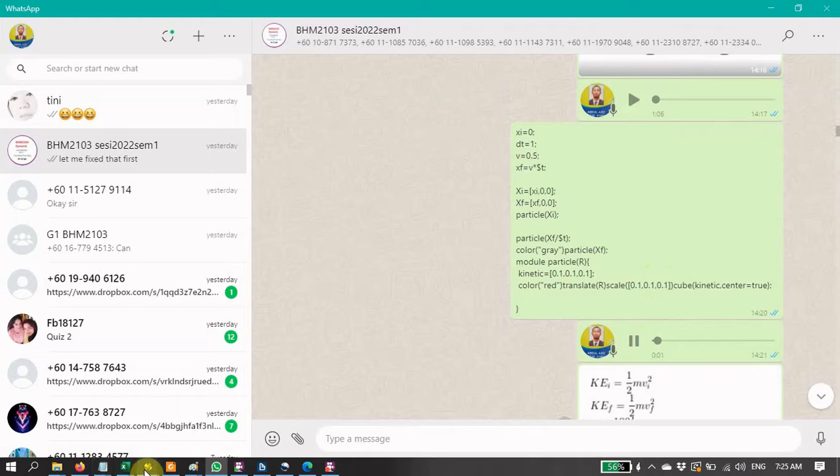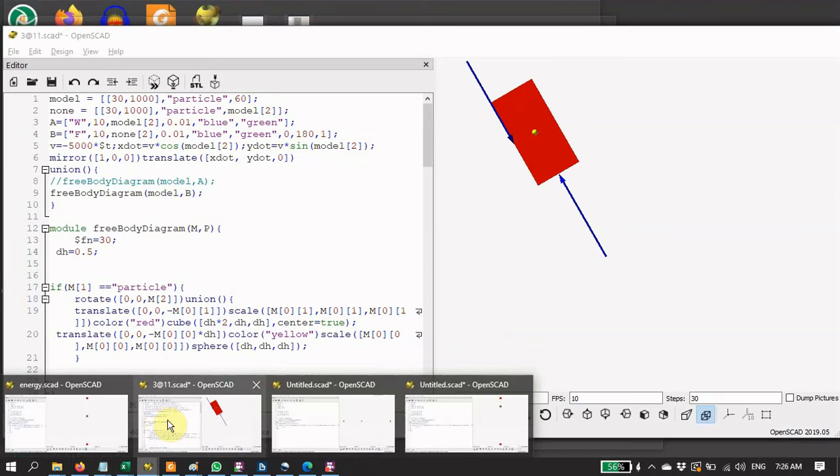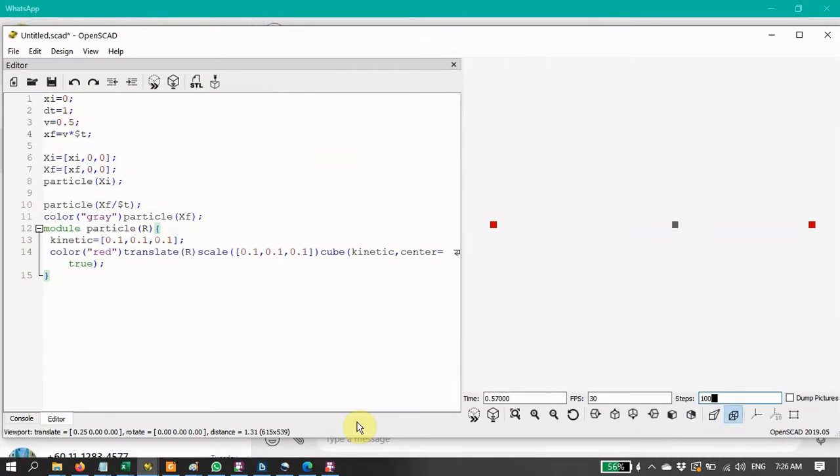Right. The above shows you one particle at t equal to 0 and t after certain times. And in between, the gray particles show you the translational motion, or rectilinear motion in a straight line.